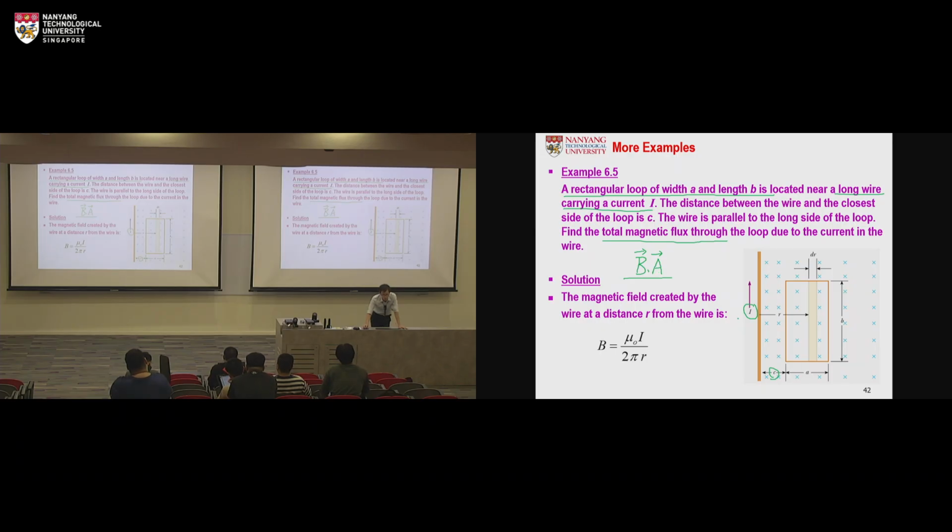So now you tell me, in this case, is this A uniform? Yes or no? For this, the vector A for this rectangular loop, is it uniform or not?